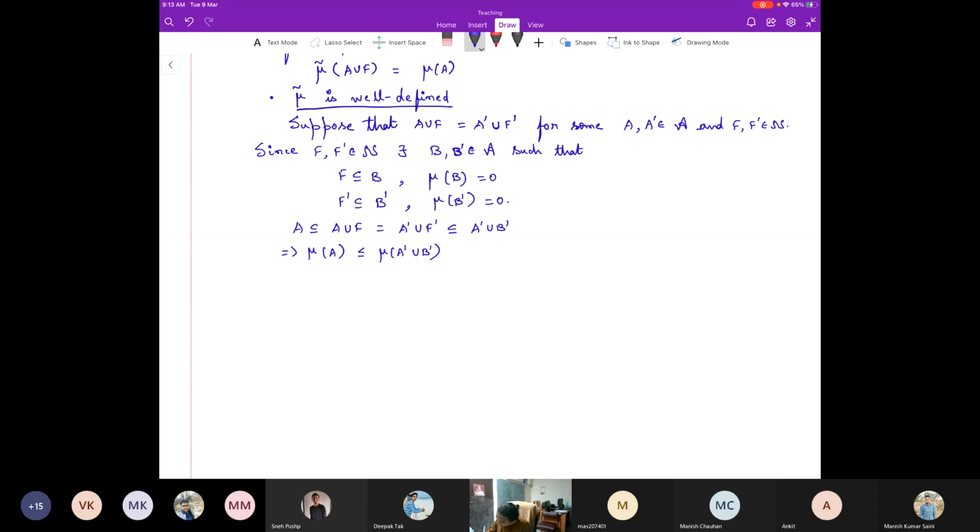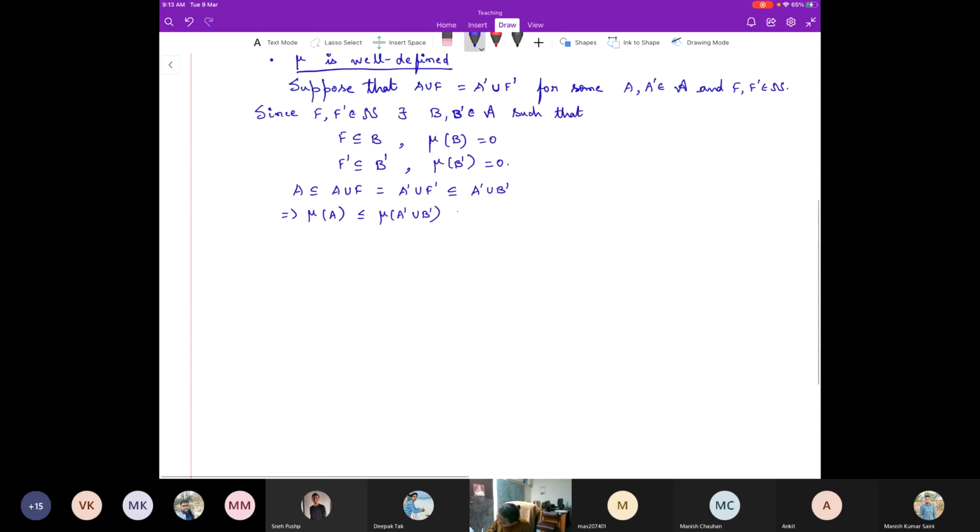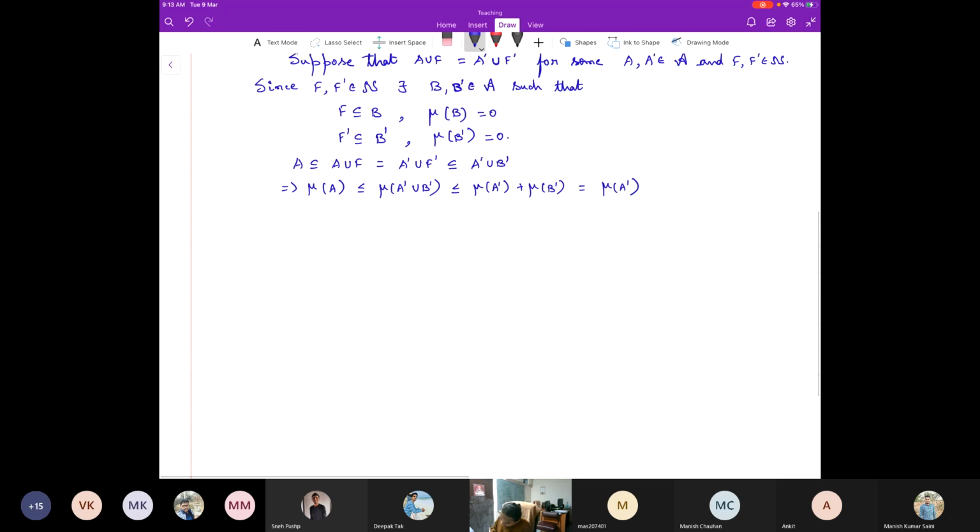Now use the subadditivity of mu, which is less than or equal to mu of A dash plus mu of B dash, but mu of B dash is 0, therefore this is equal to mu of A dash. So therefore mu of A is less than or equal to mu of A dash.